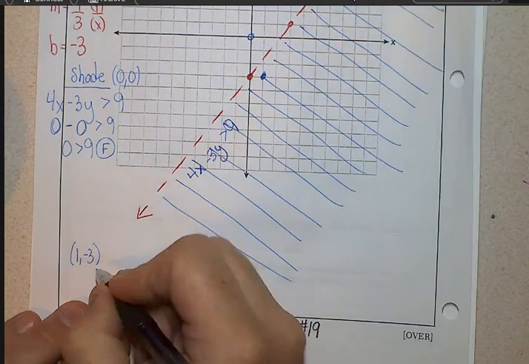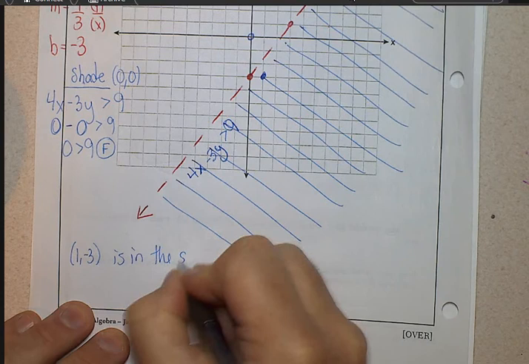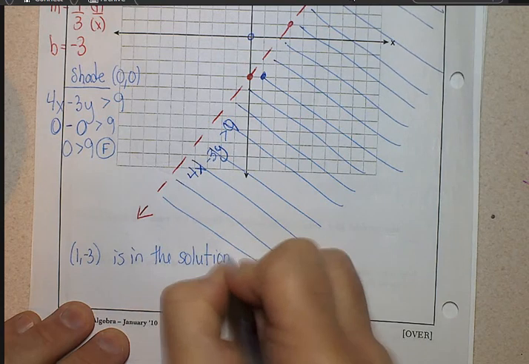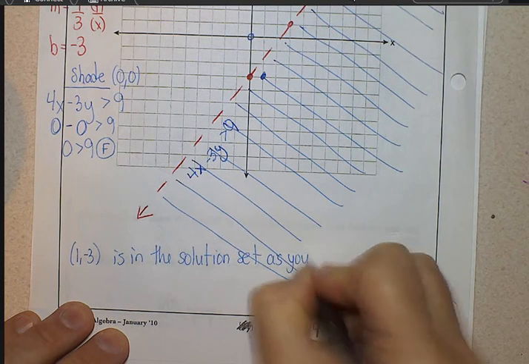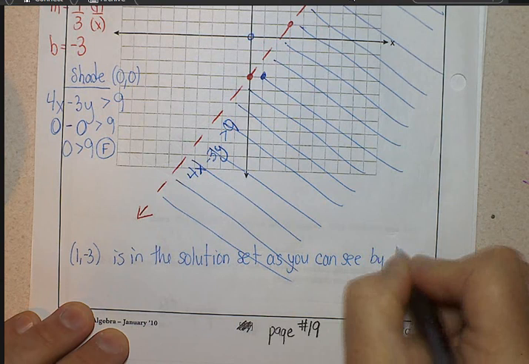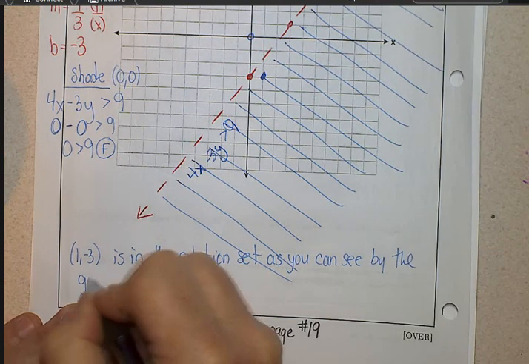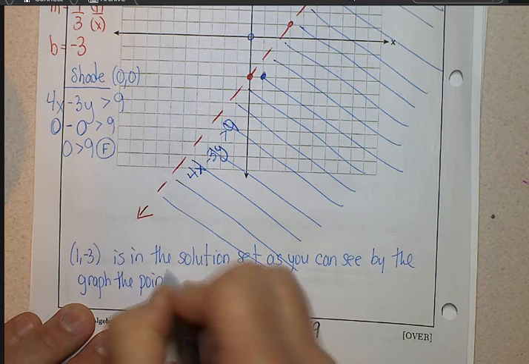So (1, -3) is in the solution set, as you can see by the graph. The point is located in the shaded area.